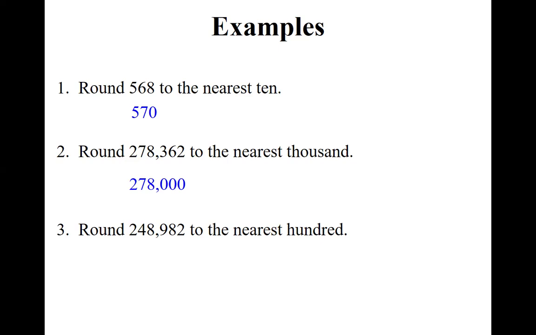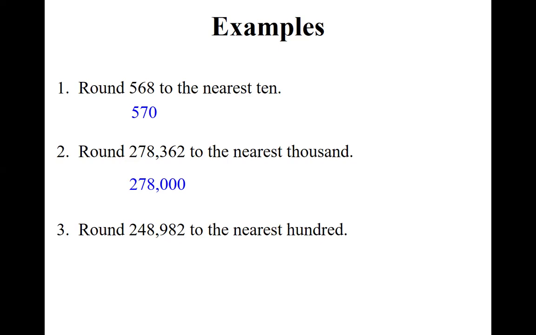In number 3, 248,982. We want this to the nearest 100. We find the hundreds spot. That is a 9. We look 1 to the right. That is an 8. Is an 8 5 or greater? Yes, it is. So the 9 bumps up to a 10.